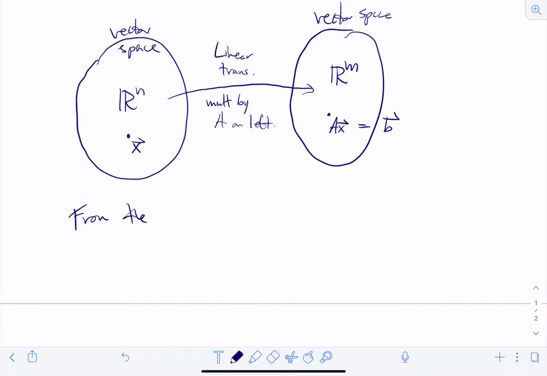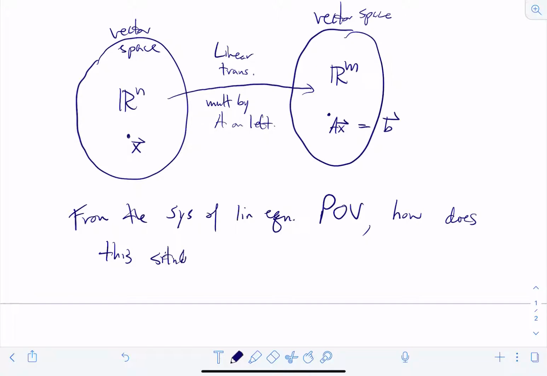So from the systems of linear equations point of view, how does this situation translate to the linear transformation point of view, right?